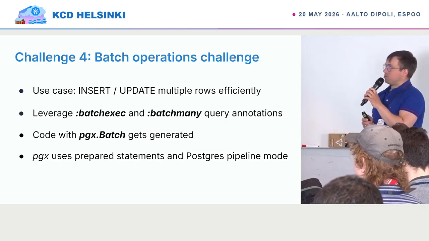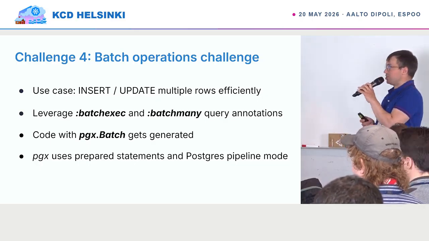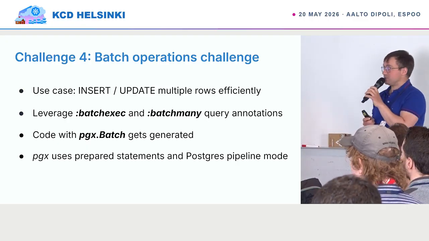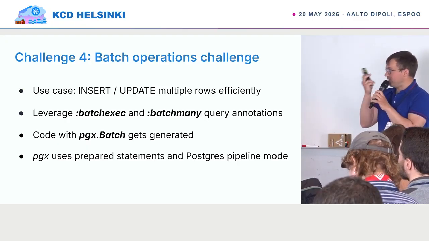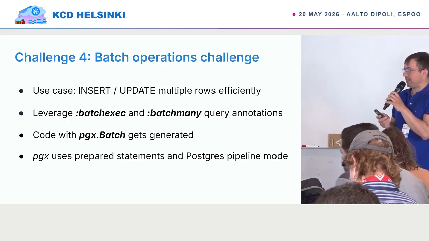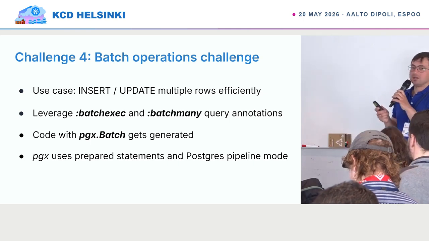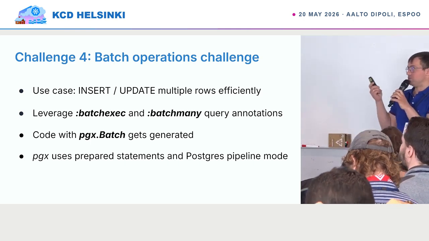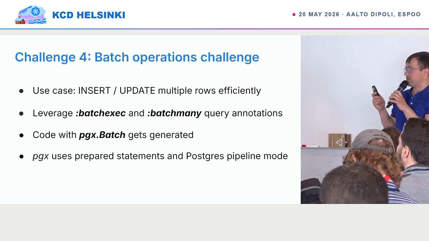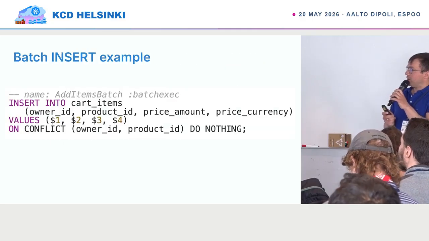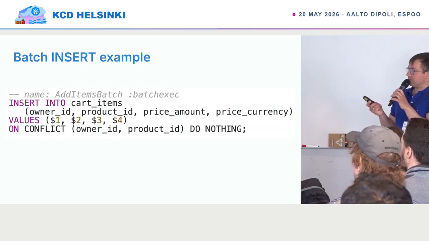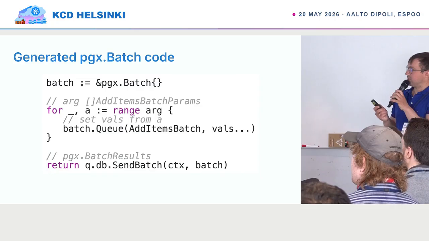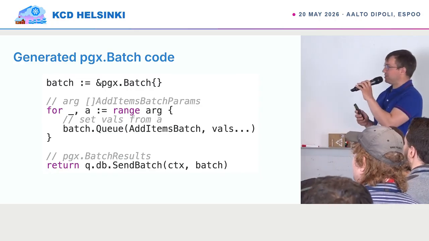Challenge 4 is about batch operations, and batch operations are supported by sqlc. There are special query annotations for that, and it generates code that uses pgx batch from the driver. This is how it can look. Yes, I think I need to speed up a bit.